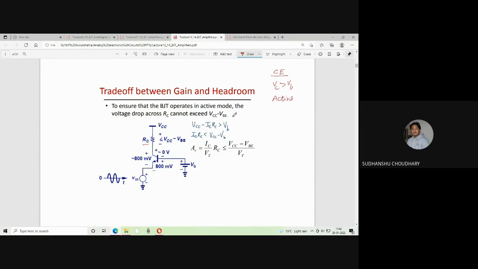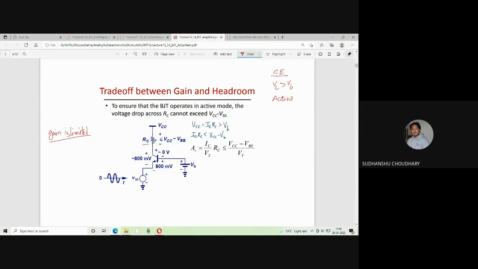Similarly, the same condition applies here also, that is, the voltage gain is limited here also in common base, limited by the drop across this RC.